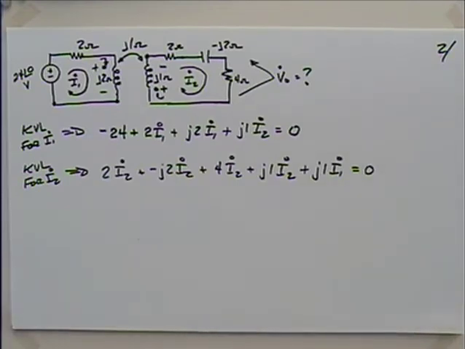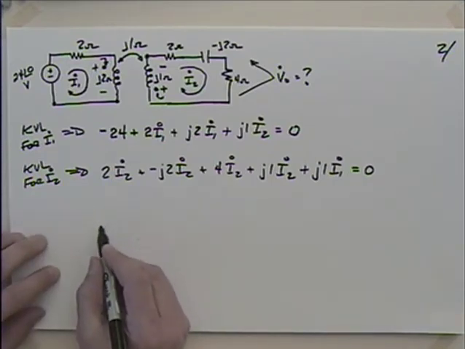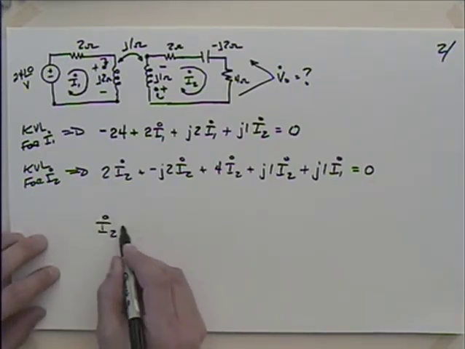Kirchhoff says that's equal to 0, right? So you could reduce this, substitute if you wanted to, put it into a matrix, however you want to do that. Really what we're looking for is I2 out of this thing.